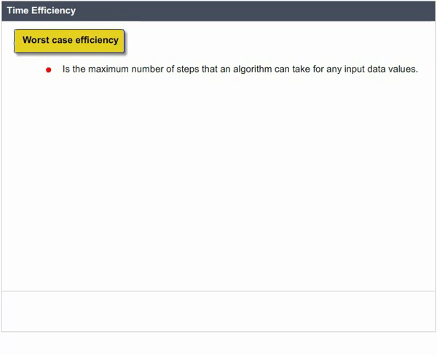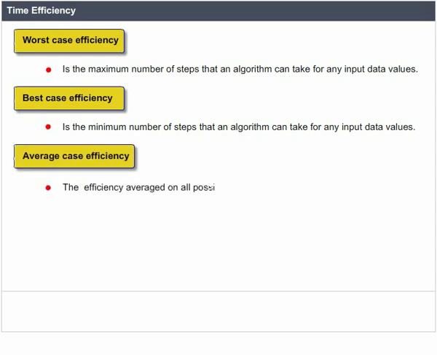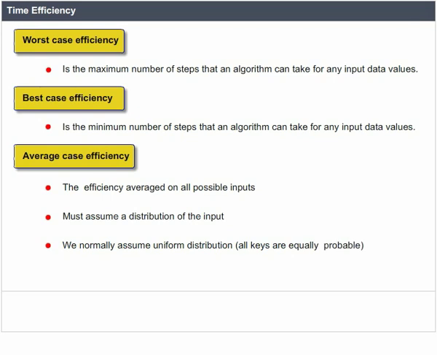Best case efficiency is the minimum number of steps that an algorithm can take for any input data values. Average case efficiency is the efficiency averaged on all possible inputs; we must assume a distribution of the input. We normally assume uniform distribution, where all keys are equally probable. If the input has size n, efficiency will be a function of n.